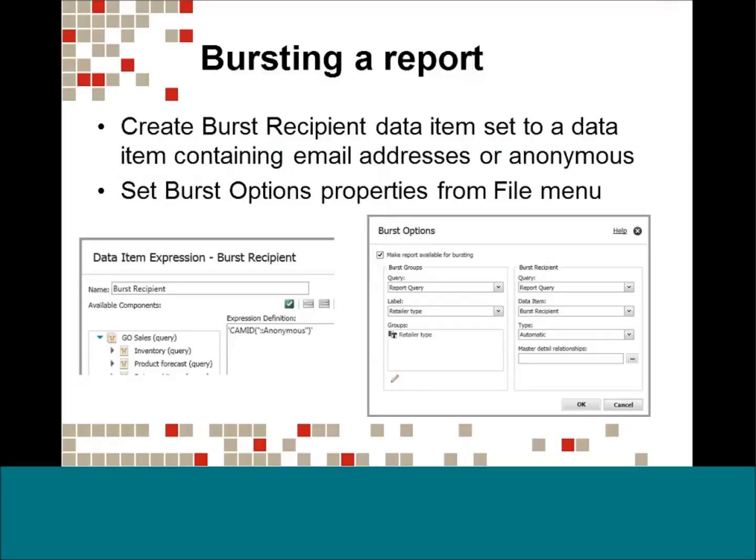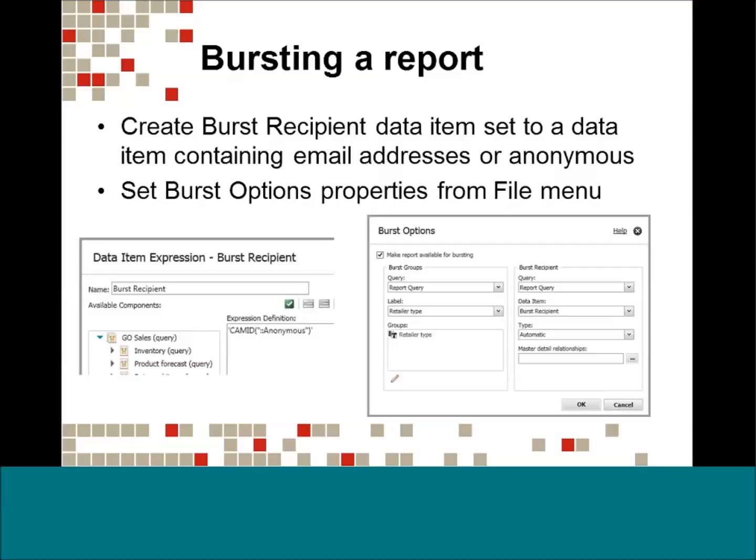So our burst recipient can either be anonymous if you're going to burst to a file drive, or it needs to be a data item containing an email address so that it can be delivered via email to a recipient. Today, in our example, we're just going to be using anonymous and sending the bursted report output to a file drive, a file share within the system.